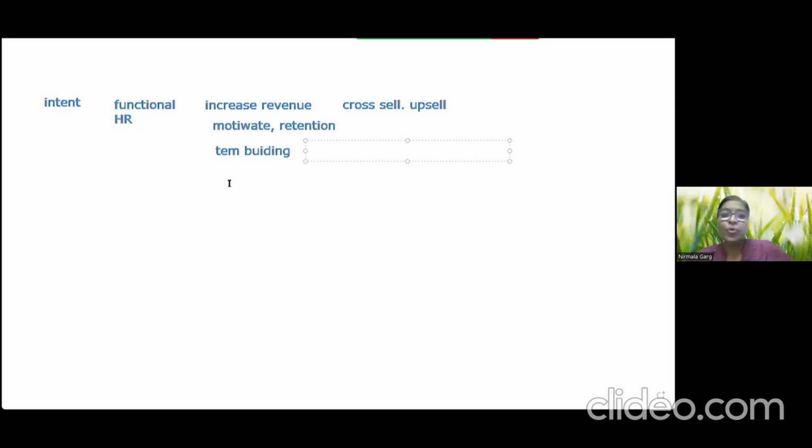Got it? It could also be simple things like regularity, meaning not too much absenteeism. It could also be integrity. Okay. So that is the intent.